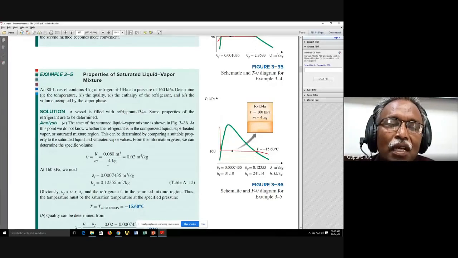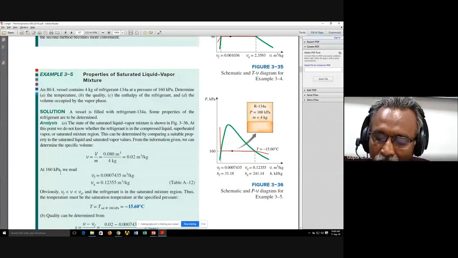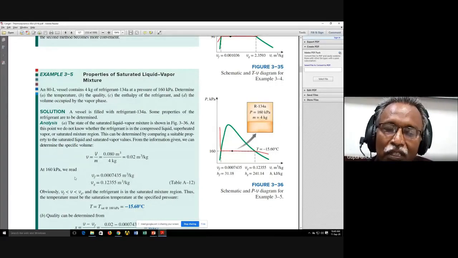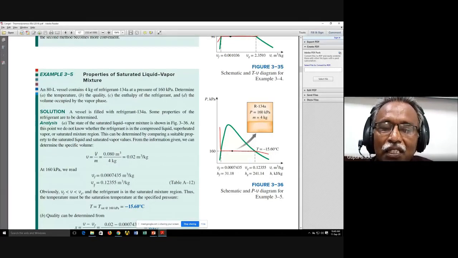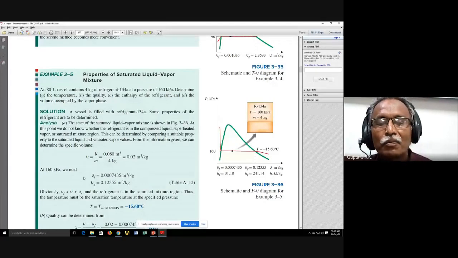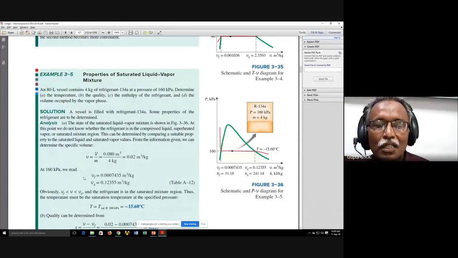And at 160 kilopascals, if you go to the saturated tables of R134A, you can find vf and vg. So you have to see whether your specific volume is less than vf, between vf and vg, or greater than vg. If the specific volume is less than vf, that is compressed liquid. If it is between vf and vg, it is a liquid-vapor mixture. If it is greater than vg, then it is superheated.